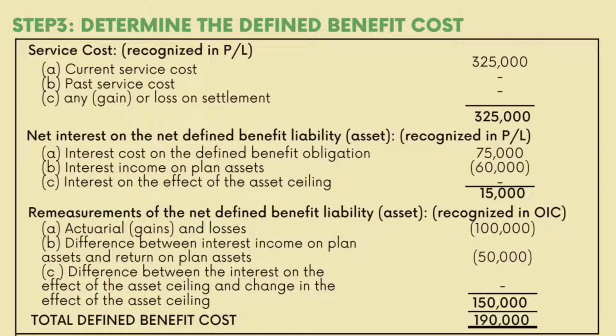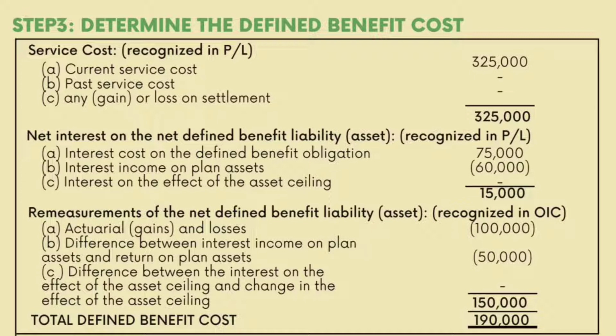Para naman sa interest income on plan assets, yung fair value of plan asset ng January 1 ay imumultiply sa discount interest rate na ang lalabas ay 60,000. Para makuha yung total ng net interest on the net defined benefit liability, ay pag minusin yung 75,000 at 60,000 na ang lalabas ay 15,000.